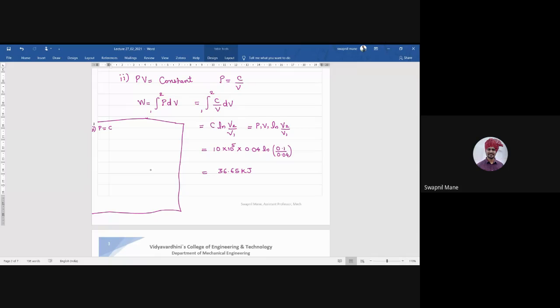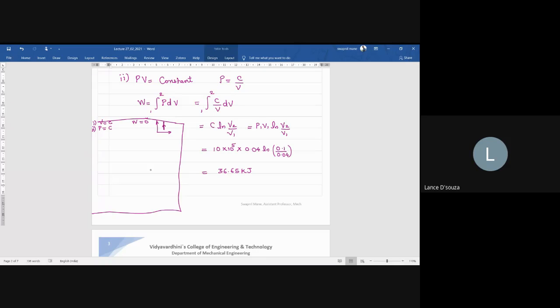If you remember, V is equal to constant, W equal to 0. Yes or no? That was our third lecture. Because in our graph, see, work done is always given by the integral of P dV. So if dV is not changing, work done will be equal to 0. Yes or no? Yes, sir.